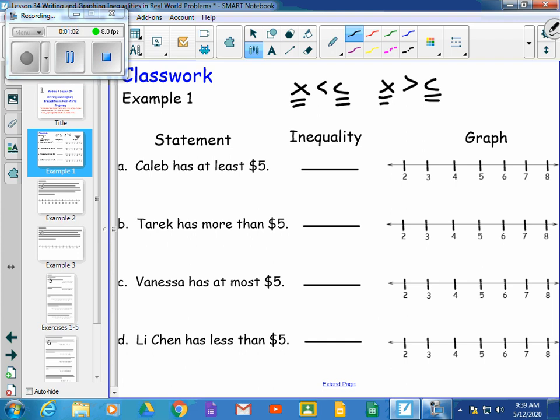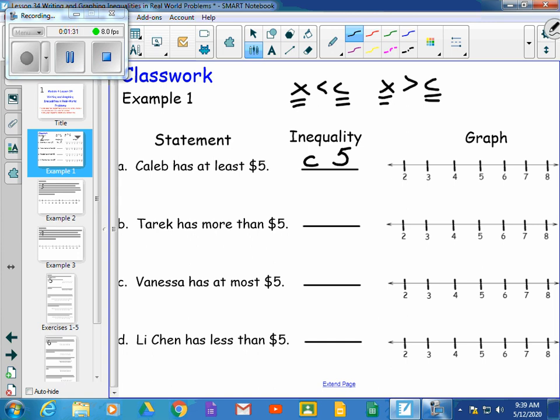So if we look at letter A, Caleb has at least $5. Let's compare Caleb's amount, C, to $5. Let's figure out which symbol we should put in there if it's at least. Now if he has 5, does he have at least 5? Yes, he does.